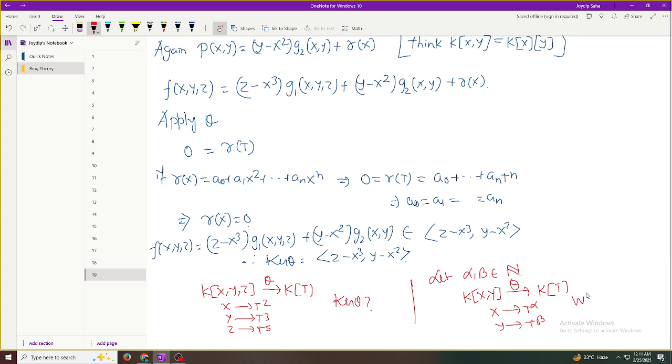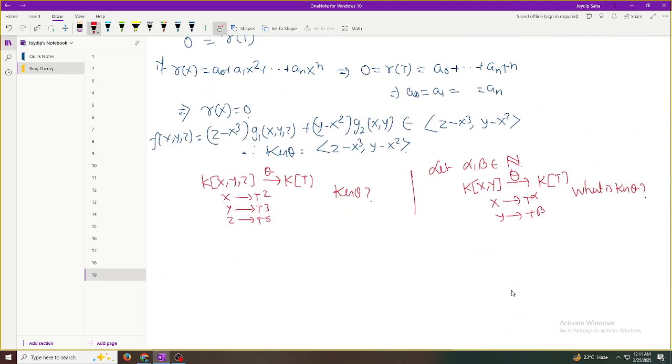What is the kernel of theta? You know that if alpha is 1, beta is 2, then y minus x square is in the kernel, for example, and it is a parabola. Now in general, what is the kernel?